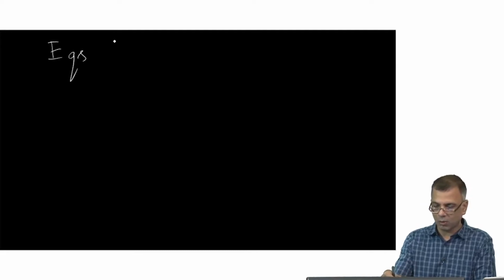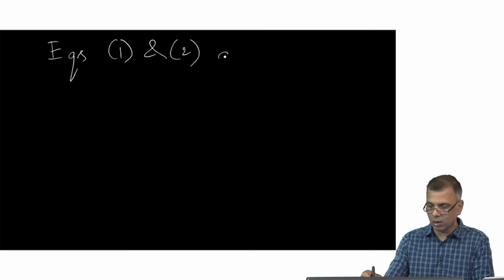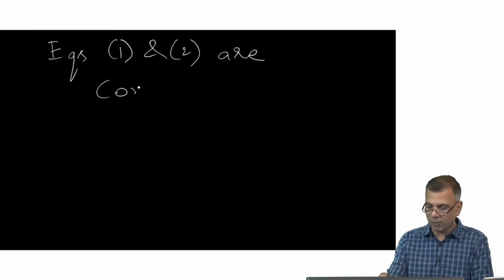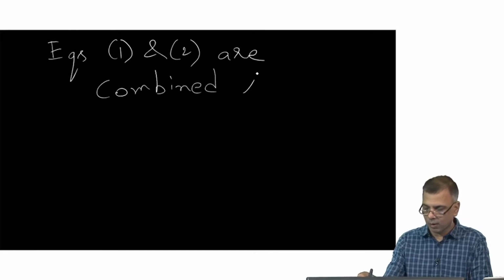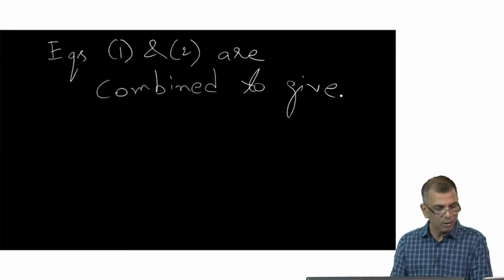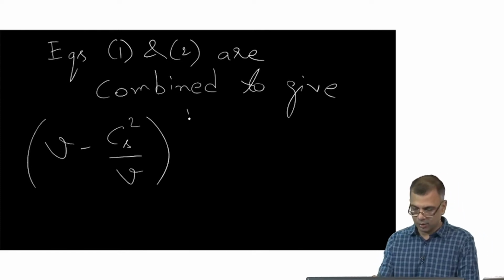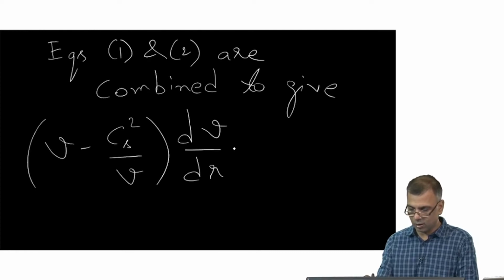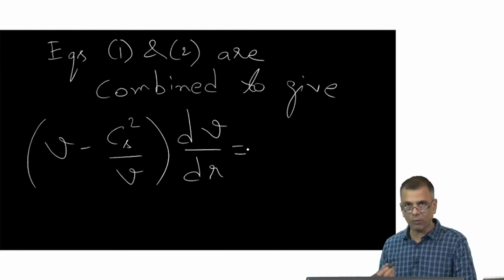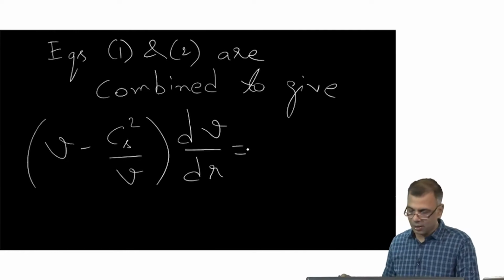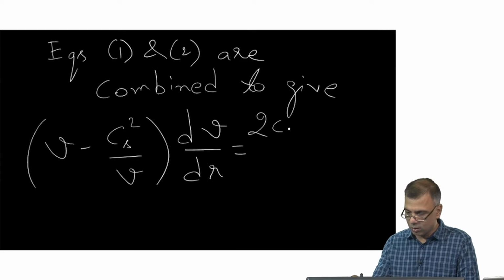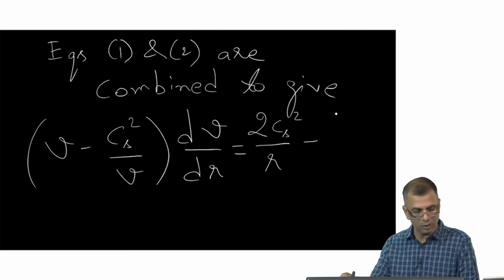So, equations 1 and 2 are combined to give (V minus Cs squared over V) dV/dr is equal to, I have told you exactly what the steps are and I urge you to work them out in any case, 2 over r minus.